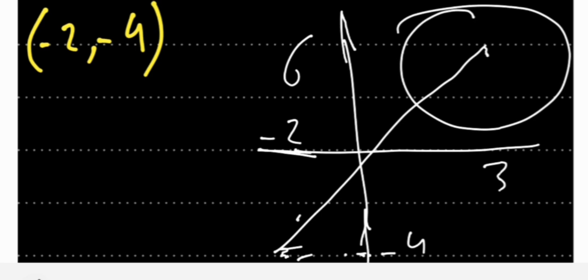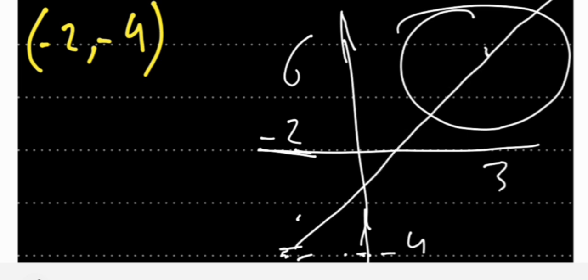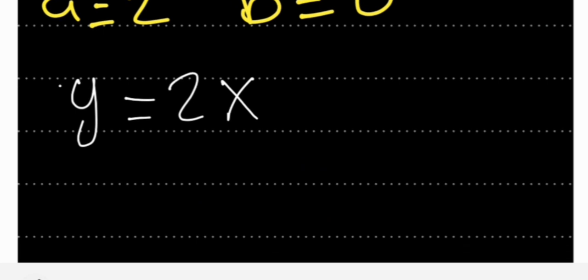Which 2 points? This and this point. Because this line cuts the circumference in 2 places. So I'm going to find both these points, and then we are going to choose the one that has a smaller x to be the closest. Okay, so this is my plan.